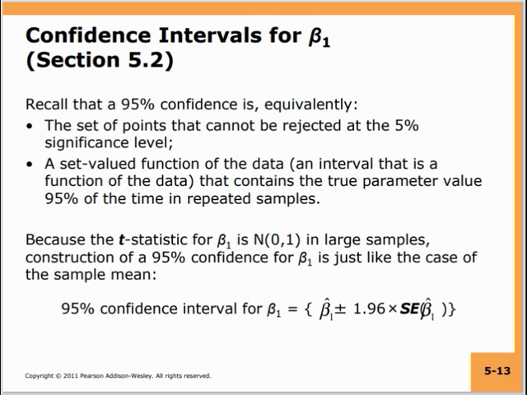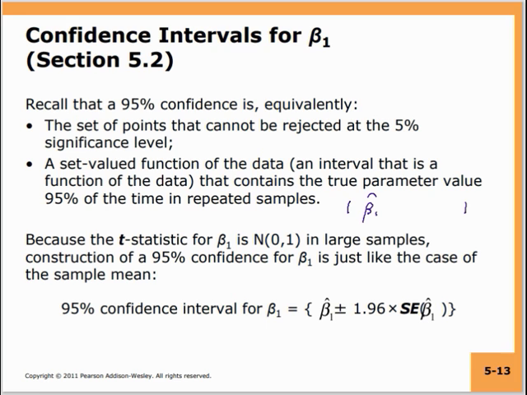So that 95% confidence is the set of points that cannot be rejected at the 5% significance level. So it is a set valued function of the data, an interval that is a function of the data that contains the true parameter value 95% of the time in repeated samples. Had you taken another sample and then another sample, what is the range of values within which your beta 1 hat would lie?